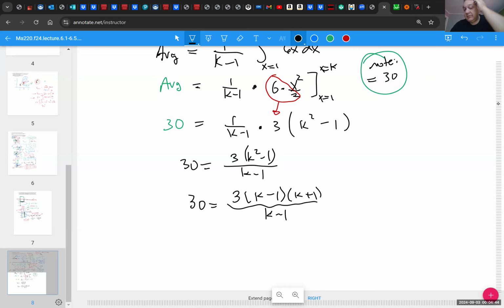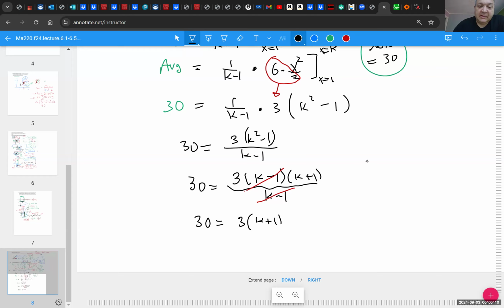If factoring doesn't work, then you would indeed multiply both sides by k minus 1. And if you didn't think of factoring, that's fine. You can multiply both sides by k minus 1. You get the same result, just a little bit more algebra to do. Here, the k minus 1s divide out to equal 1, and we still have our 30 over here. On the right-hand side, we just have 3 times k plus 1.